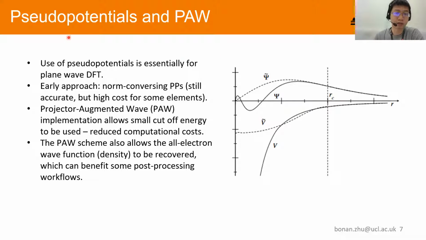However, in plane wave DFT, we use pseudopotentials, which are essentially soft potentials constructed such that beyond a certain cutoff, the electron wave function is the same as the wave function that you solve using the pseudopotential. Essentially, beyond this cutoff, it's the same with the pseudopotential and with the original atomic nuclei potential.